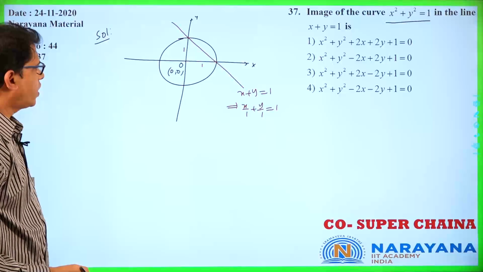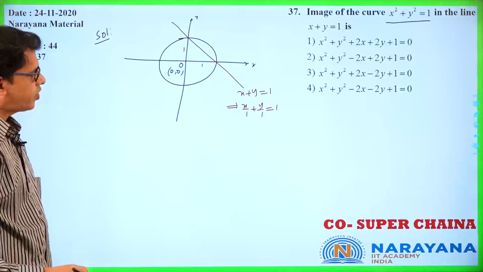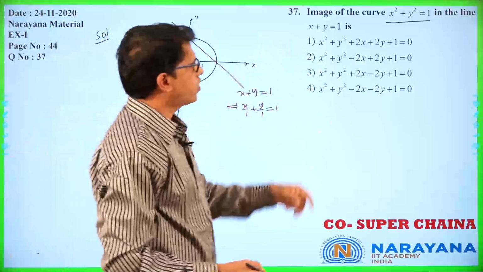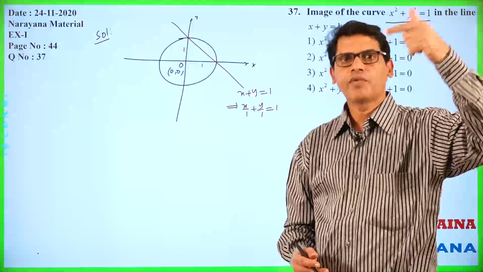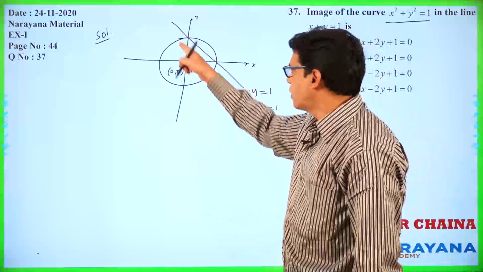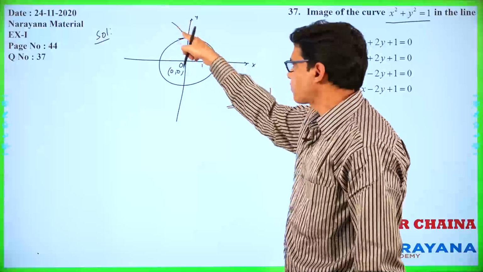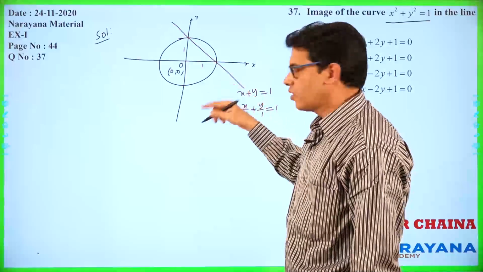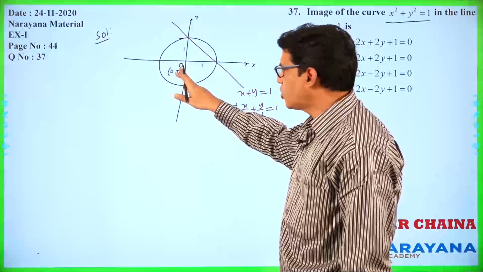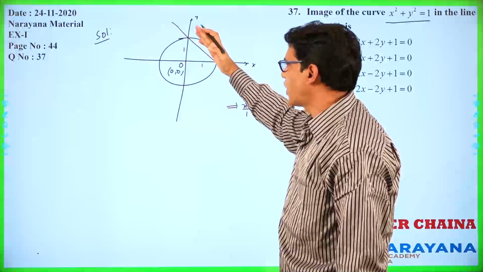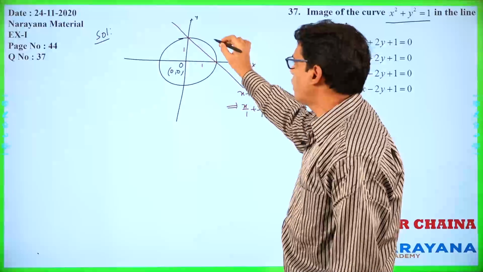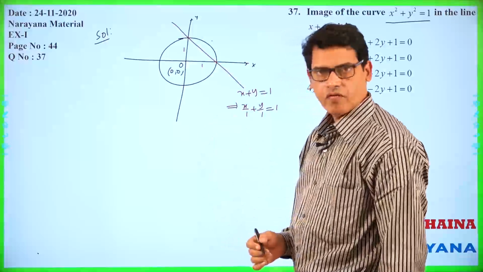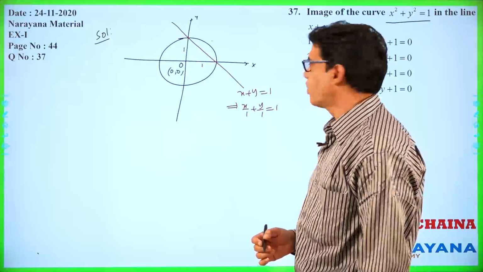Now to find the image of the curve, what we need to find? To find the center of the image circle. Here assume this one as a mirror. This is the origin. So image of 0 0 with respect to this line is somewhere here, 1 comma 1. Okay? 1 comma 1.